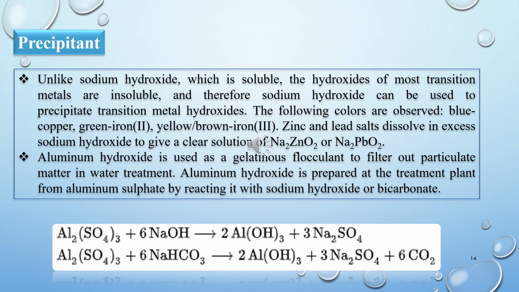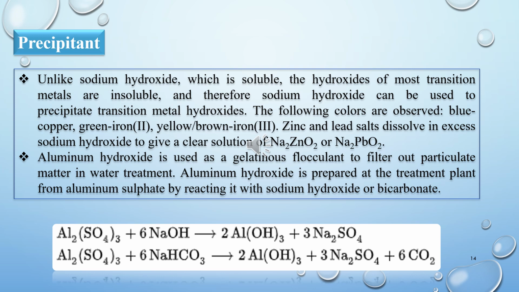If it gives you blue color, then it is copper. If it gives you green color, then it is iron 2, the compounds in which the oxidation state of iron is 2. If it gives you yellowish or brown color, then there are iron 3 compounds. Zinc and lead salts dissolve in excess sodium hydroxide and give a clear solution.